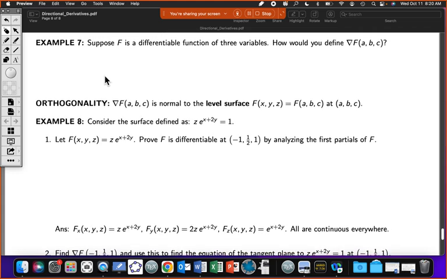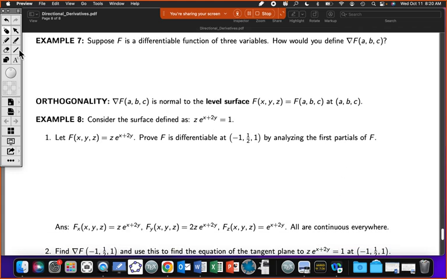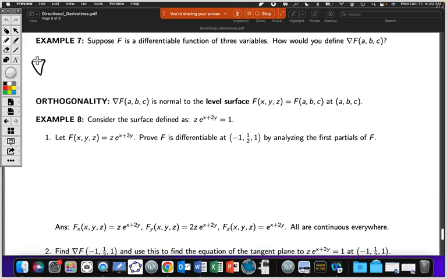All right, so suppose f is a differentiable function of three variables. How would you define the gradient nabla f of a, b, c? What would go in the x component?